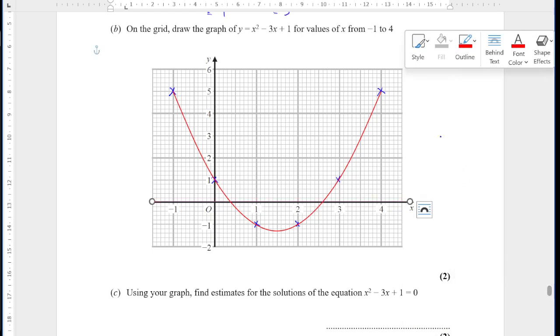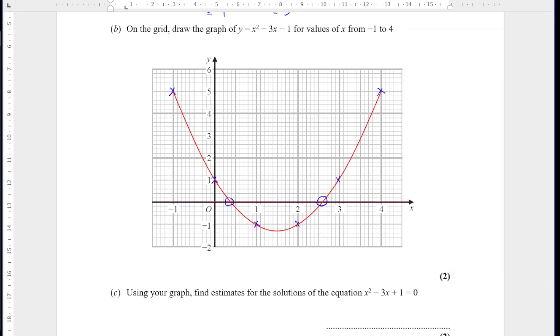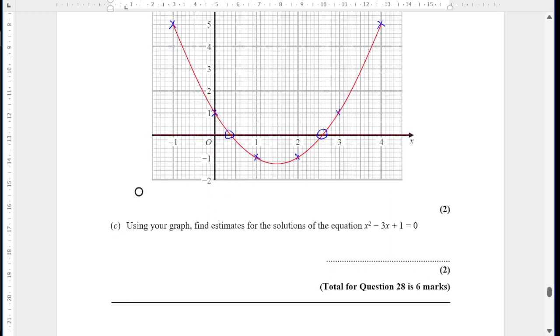So where those two cross is going to be that point there and that point there. So looking from my graph, trying to read as accurately as I can, that looks like 0.4. So x is equal to 0.4, or x is equal to 2.6.